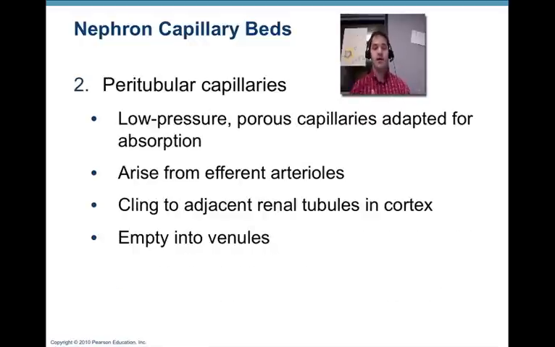Then once you leave the efferent arteriole, you enter the peritubular capillaries, and these are low pressure porous capillaries that are adapted for absorbing things from interstitial fluid and from the renal tubules through the interstitial fluid. They cling very closely to the renal tubules in the cortex, and they eventually empty into venules.